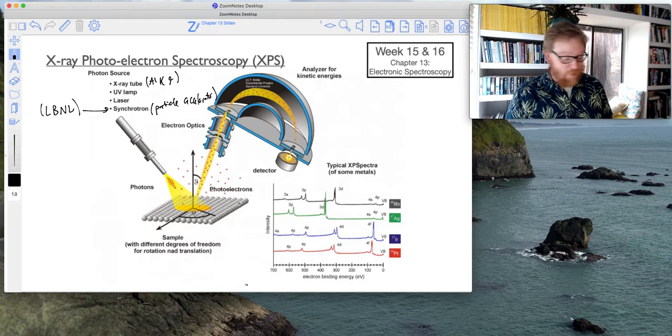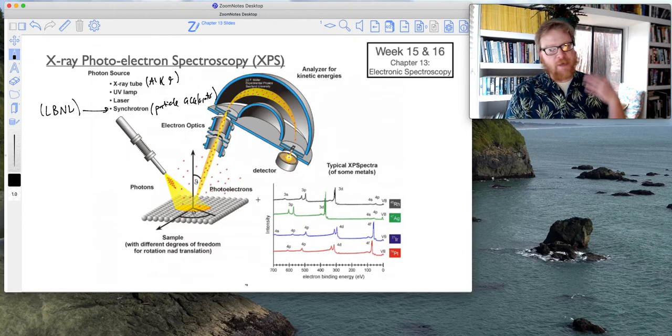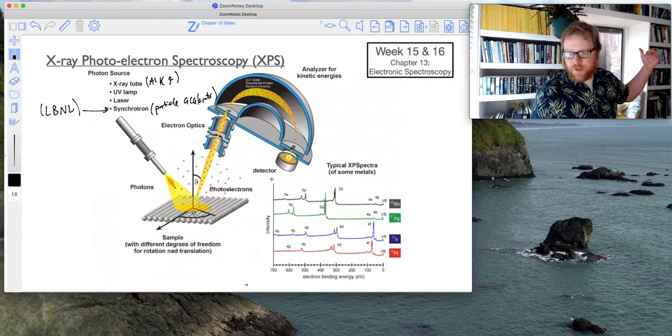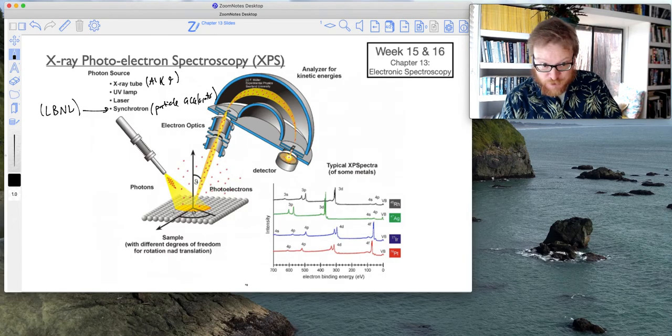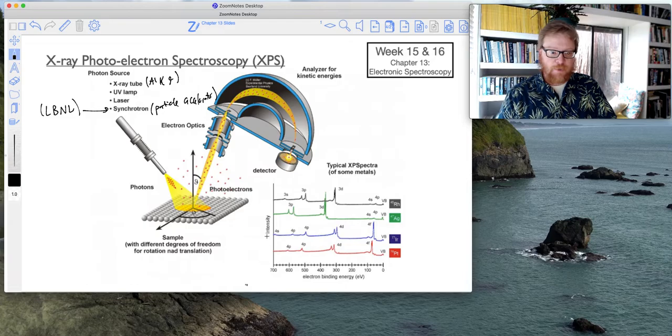So it's basically a particle accelerator that can make any frequency of light that you want. So there is a lot of really cool XPS studies going on at the particle accelerator floor, where people pump particle accelerator radiation directly into their vacuum chamber to induce photoelectron spectroscopy.